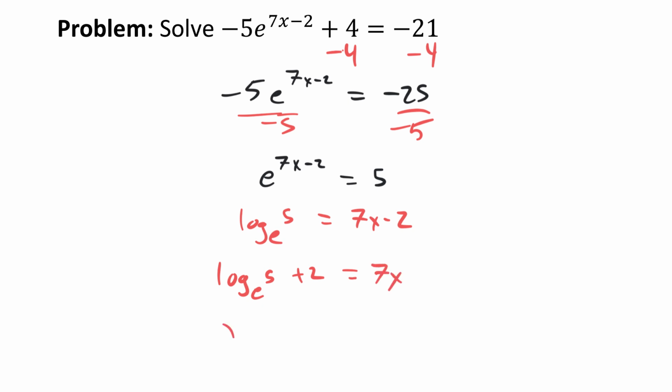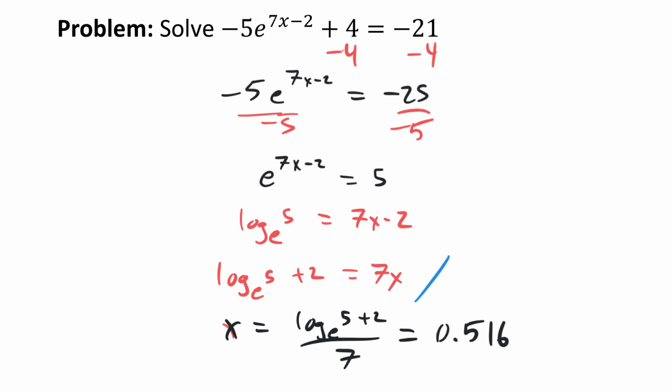Divide by 7, and x equals log base e of 5 plus 2, divided by 7. Now if we go ahead and type this on our calculator, we should get a decimal. All right, so I'm getting 0.516.